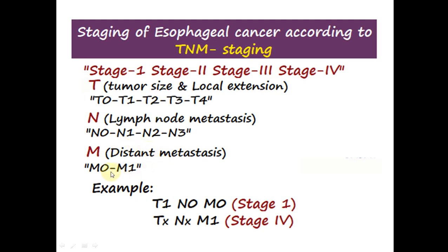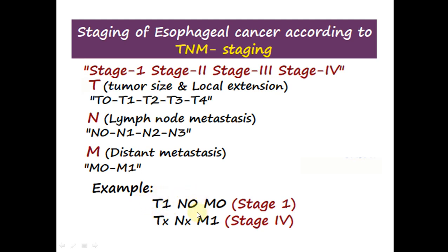So it can be either no distant metastasis, M0, or presence of distant metastasis. For example, if we see that a tumor is T1, N0, M0, by this we mean that the tumor size is not much. If it was T2, T3, T4, it would be of increased size.